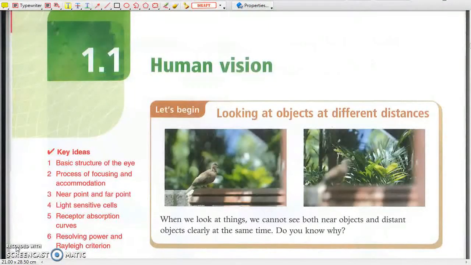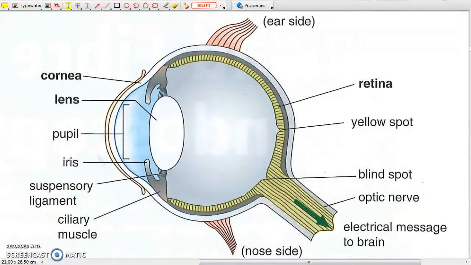Whether it is a camera or a human eye, we cannot focus a near object and a distant object clearly at the same time. Why? In junior science class, you have learned that a human eye has a lens, which can change its thickness, and hence its curvature.